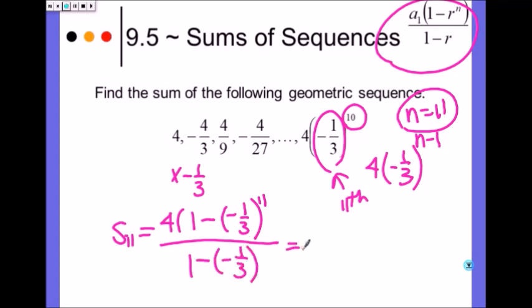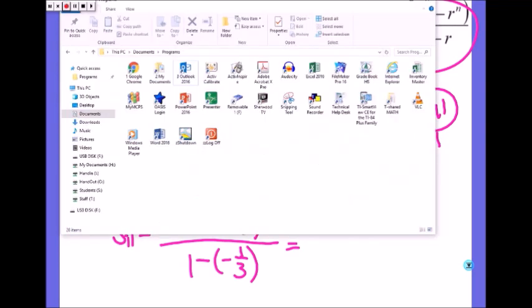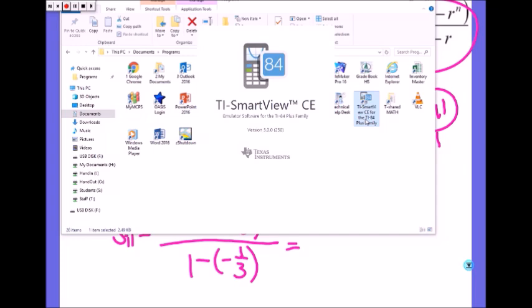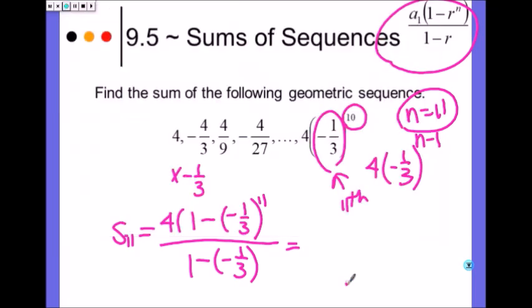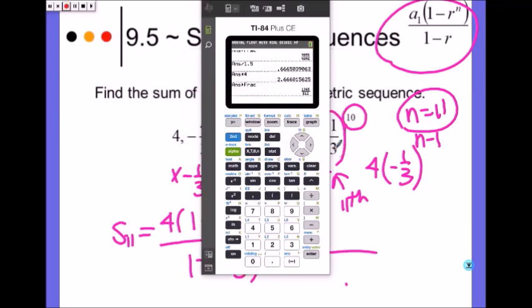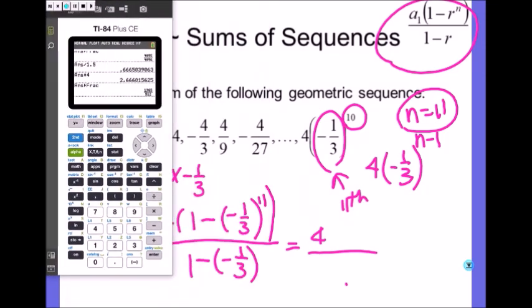Use a calculator. These are not easy to evaluate without a calculator. So let's evaluate, and the parentheses must be outside, right? Let me evaluate this first. It's 4 times 1 minus parentheses negative 1/3 raised to 11.